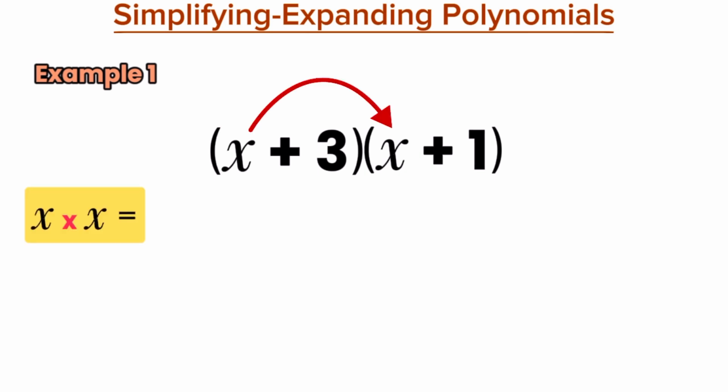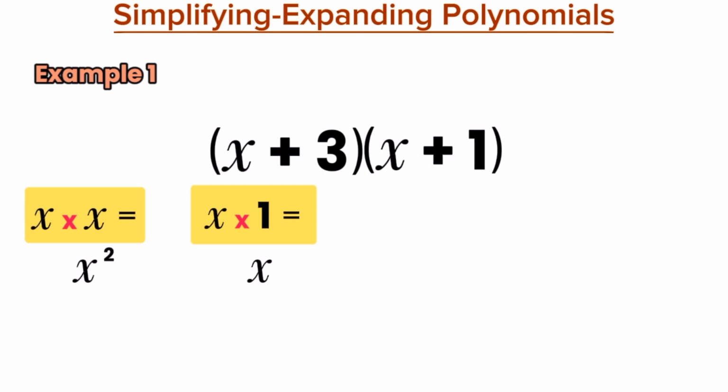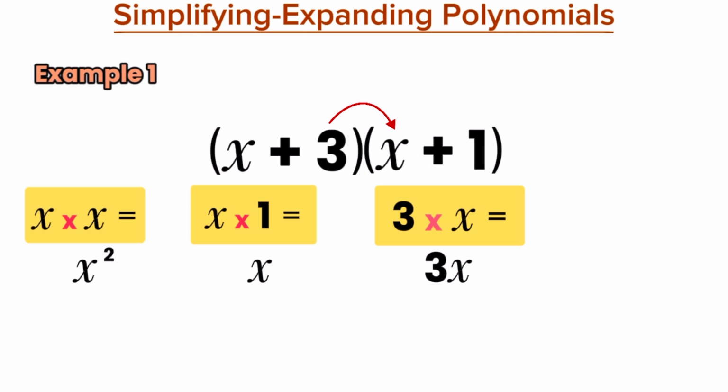So that's x times x to give us x squared. Then we have x times 1, which gives us x. Now that we have shared the x variable, we can move on and share the 3 constant. So that's 3 times x, which equals 3x. And now it's 3 times 1, which equals 3.